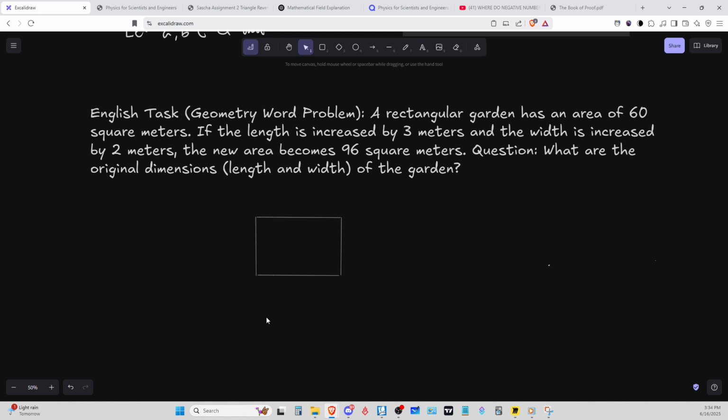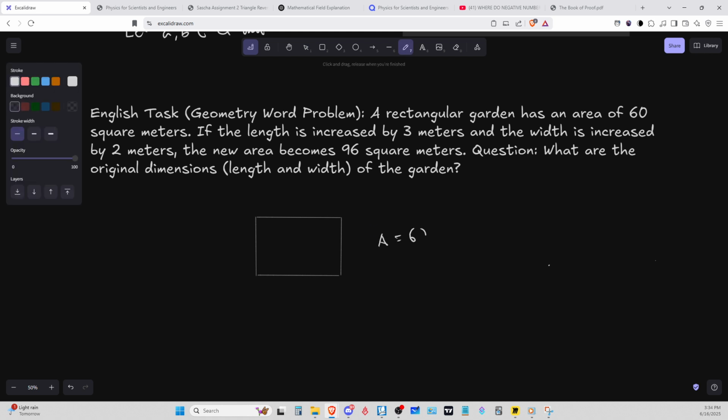So we have a rectangular garden that has an area of 60 square meters, because it's two-dimensional.